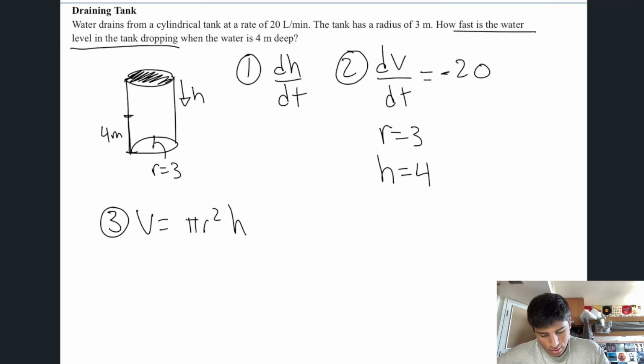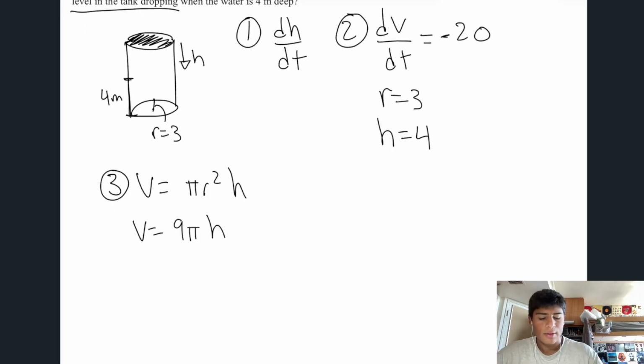Right off the bat, we know a few things. One is that r is constant, so no matter where you look at it, r is always going to be 3, so we can just plug that in now. 3 squared is 9, so we get 9 pi h.